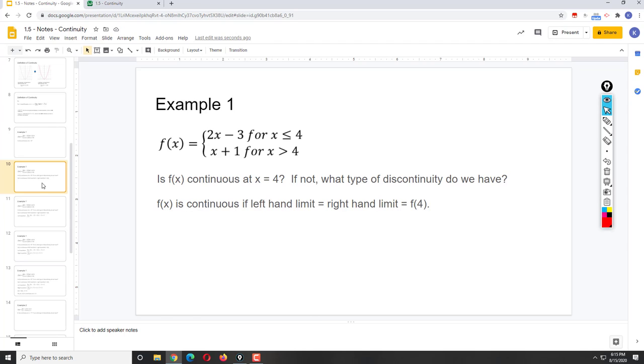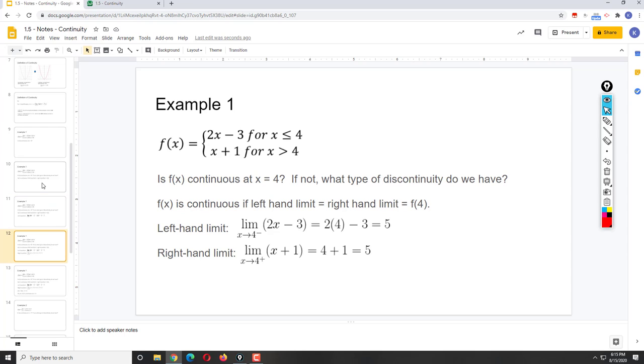Well, f of x is continuous if the left-hand limit and the right-hand limit are equal to f of 4. The left-hand limit, that's easy, we can just plug in. 2 times 4 minus 3 is 5. The right-hand limit, we can just plug in. 4 plus 1 is equal to 5. They're the same, that's a good sign.